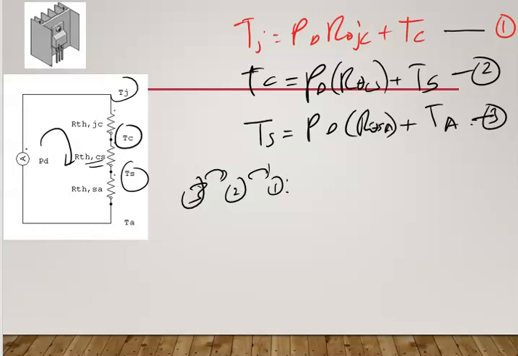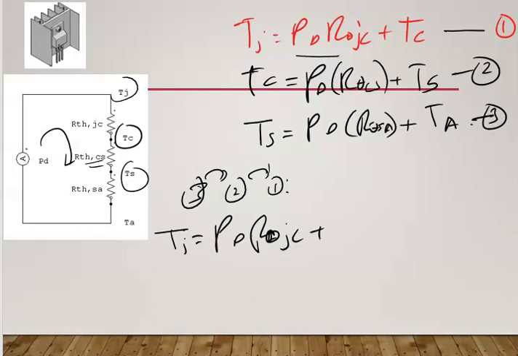So the overall Tj now is equal to PD of number 2 here, PD of R thermal Cs, plus Ts, R thermal Ts, plus R thermal Jc, okay.